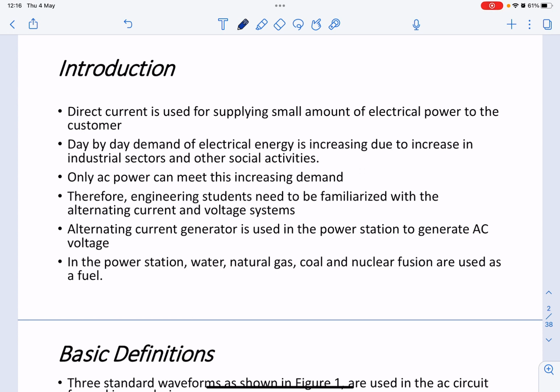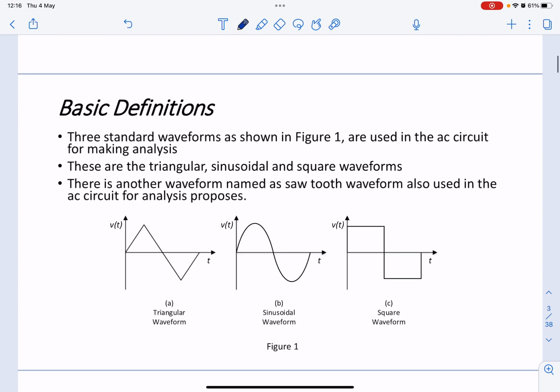Alternating current generator is used in the power station to generate AC voltage. In the power station, water, natural gas, coal, and nuclear fusion are used as a fuel.